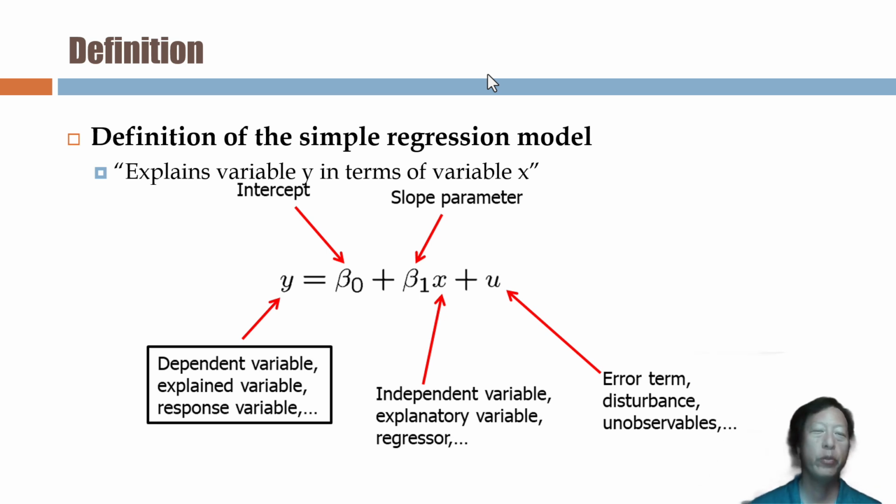So here, even though we said it's explained, you can also say predict variable y using variable x. That's the same thing. Can I explain something y in terms of something else, which is x? Can we explain something with something else?